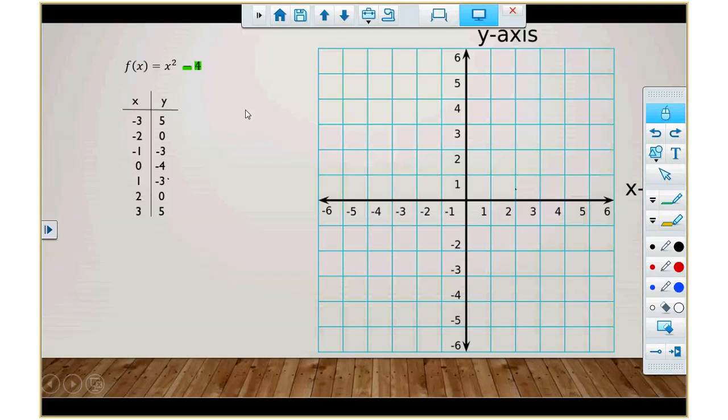And you come up with a graph that looks like that. And that graph, compared to this graph, has a vertical shift of what? 4 spaces.